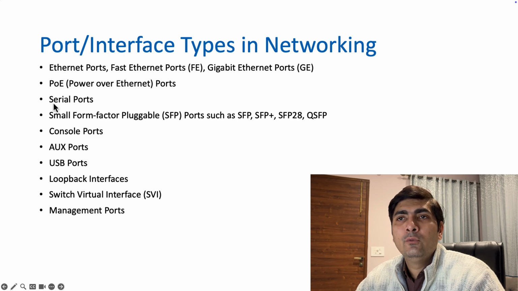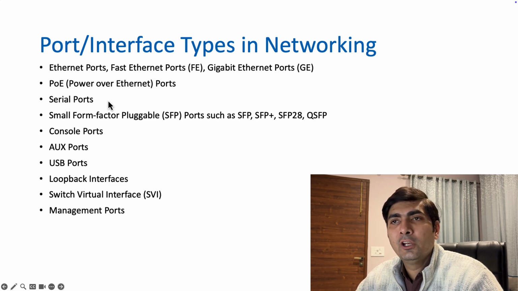Then we have serial ports for our WAN communication. Now these have been replaced by the Ethernet ports. This thing I've told you. The examples of serial ports are E1, T1, STM1, right? You know, E1 is 2.048 Mbps, not used in today's world.